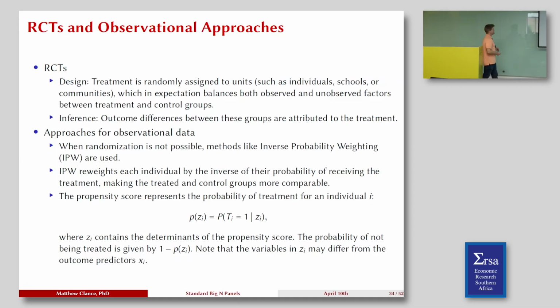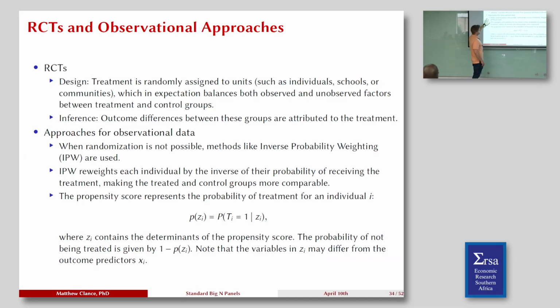So in terms of the RCTs, the design is that treatment is randomly assigned to units such as individual schools, and in expectation we're trying to balance both the observed and the unobserved factors between those two groups. And as I've already said, the outcome differences between these groups are attributed to the treatment. Okay? The approach is still for observational data.